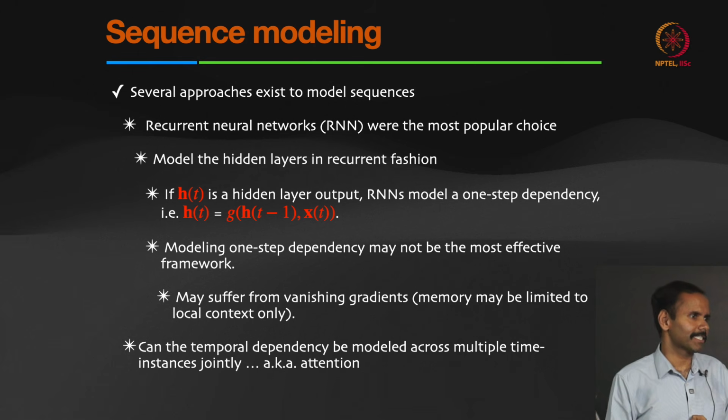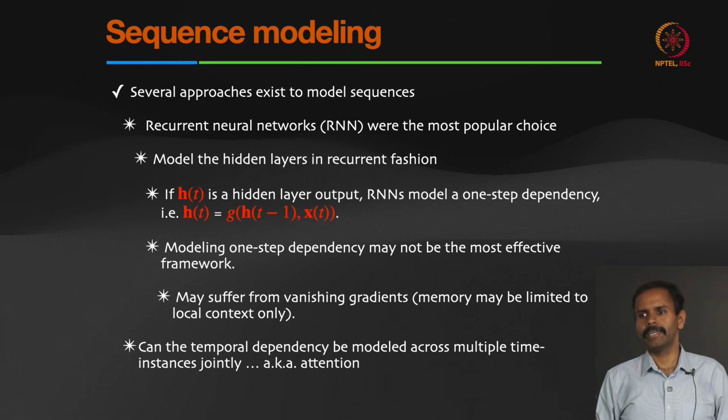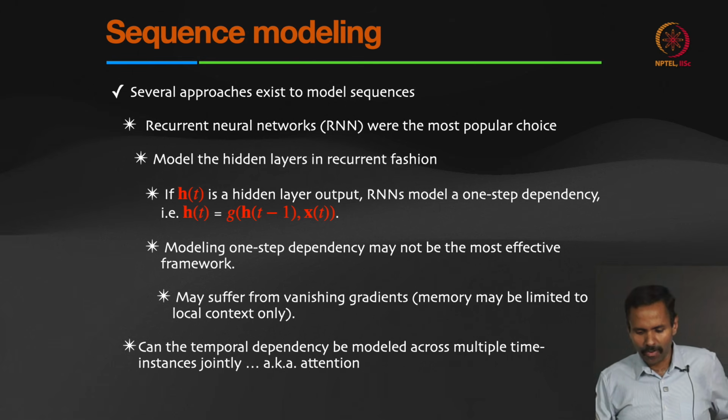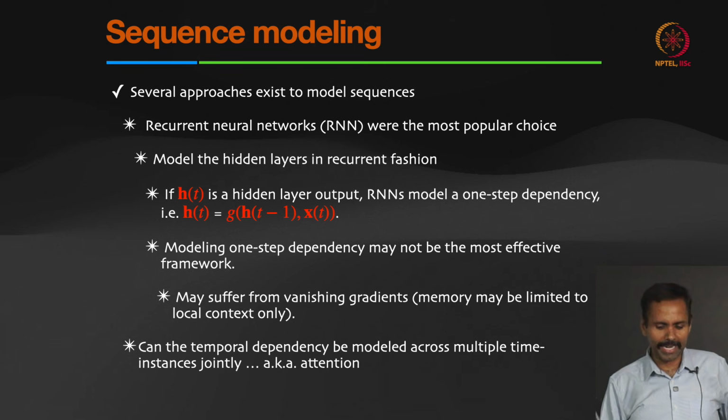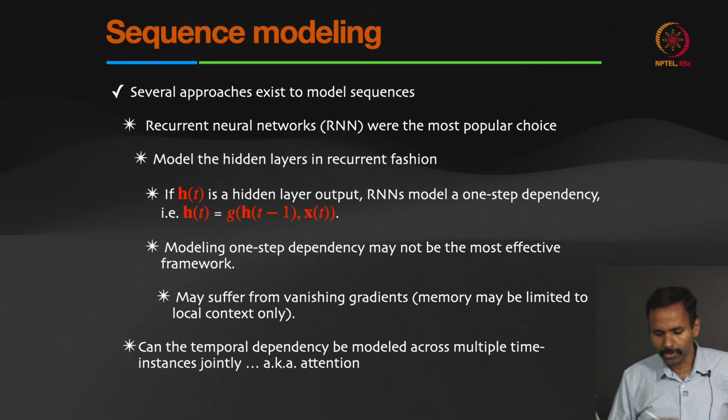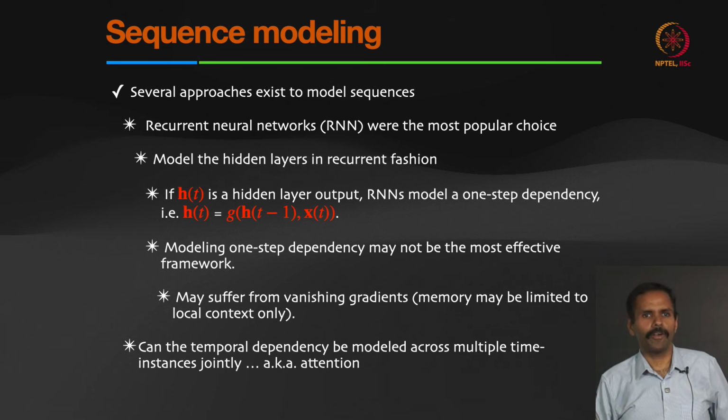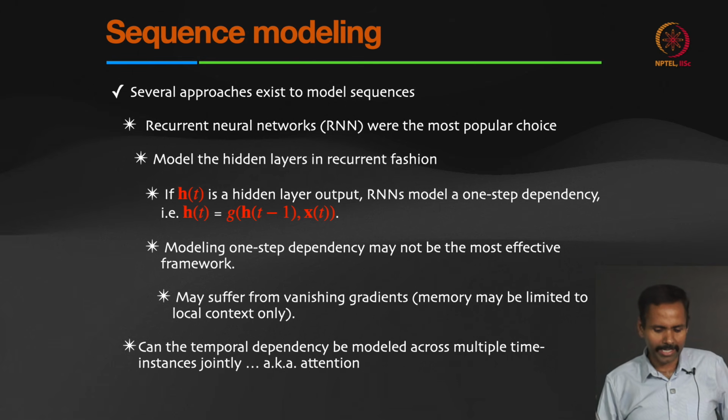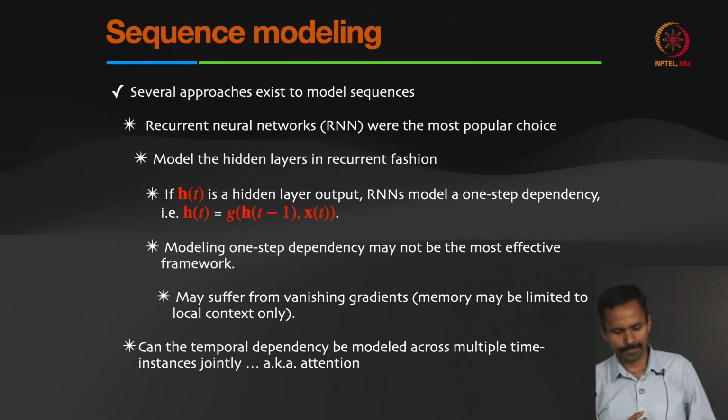The previous time instance becomes dependent on the instance before that, the one before that depends on the one further before that, and it forms a chain of dependency that can in principle attempt to model a reasonably long term dependency. In a statistical world, any one step probabilistic dependencies are called Markovian. So a one step dependency approach applied to a neural network architecture is what results in an RNN, right?